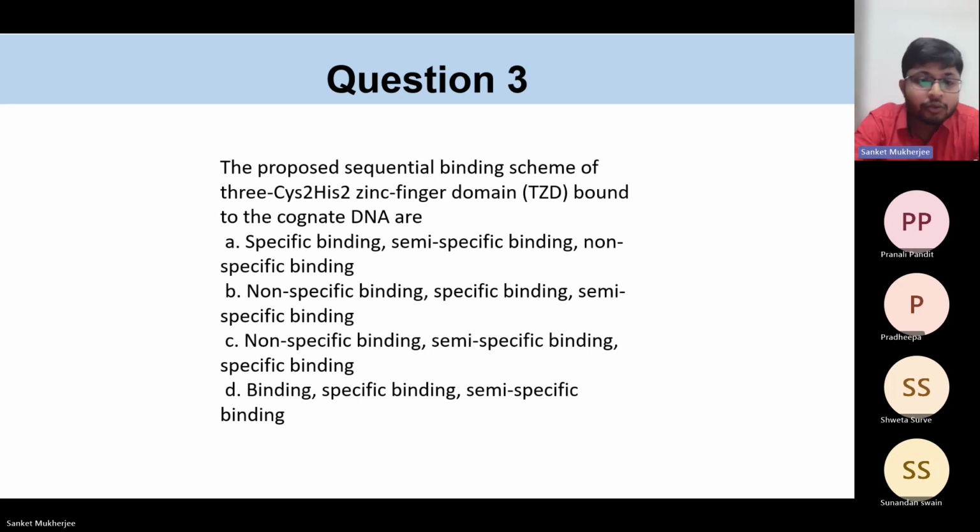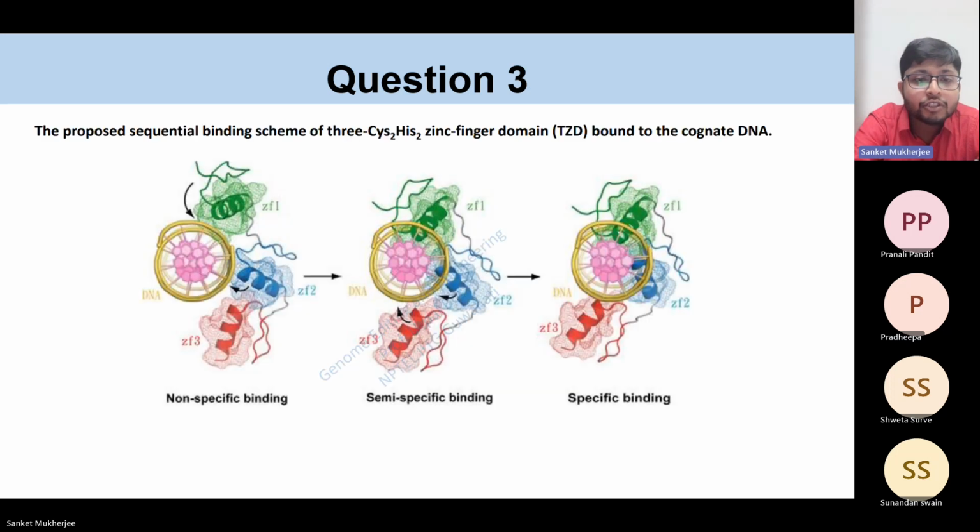C. You are absolutely right. We have discussed these things. These are some conceptual questions. So this is how it looks. Initially there is non-specific binding, because of the charge of these proteins, they interact with the DNA in a non-specific manner. Then there is some specific binding that happens, followed by which they are bound to their cognate DNA. Cognate DNA in this case means the recognition element where it is supposed to bind.